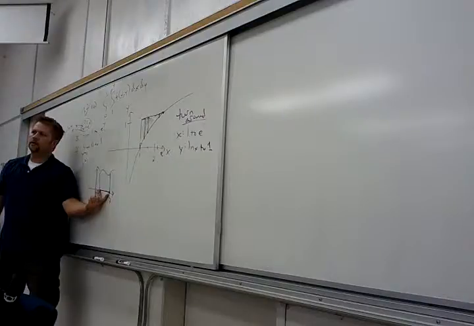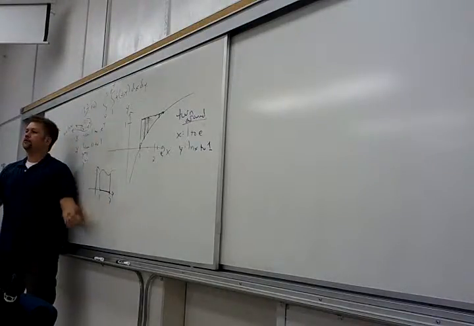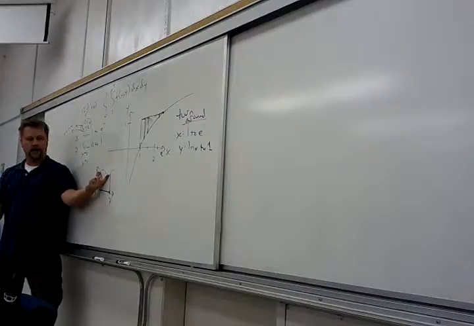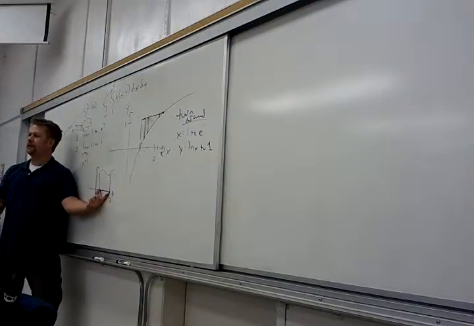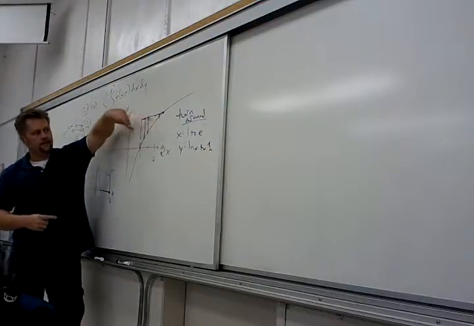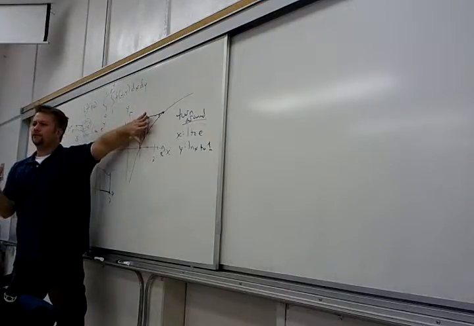This here just tells me the inputs for the function that I'm curious about, right? I want to know how high up that function is so I can see what the total area is under that function. How do I figure out how high it is? I plug these points in. These points are the ones I'm allowed to use in my function.